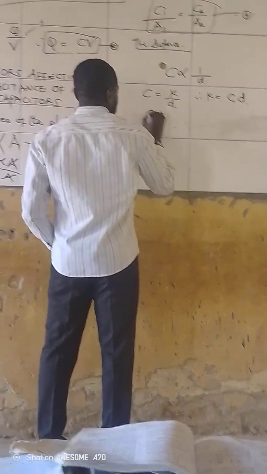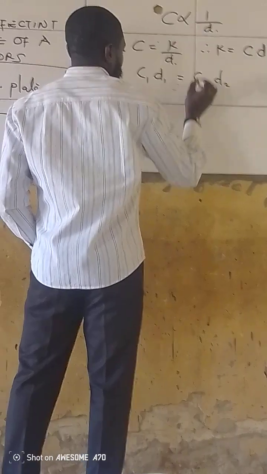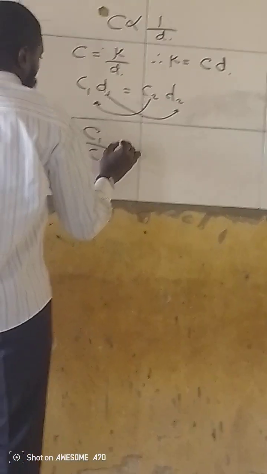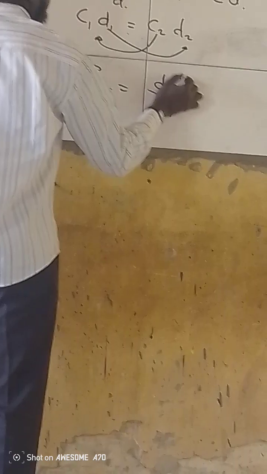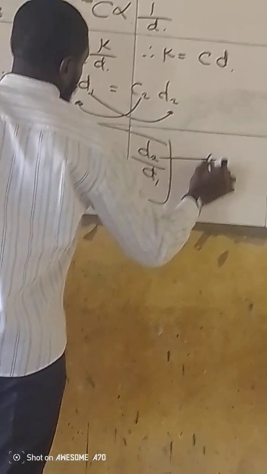So C1D1 is equal to C2D2. If I rearrange, I have C1 over C2 is equal to D2 over D1. This is now a formula, equation 5.